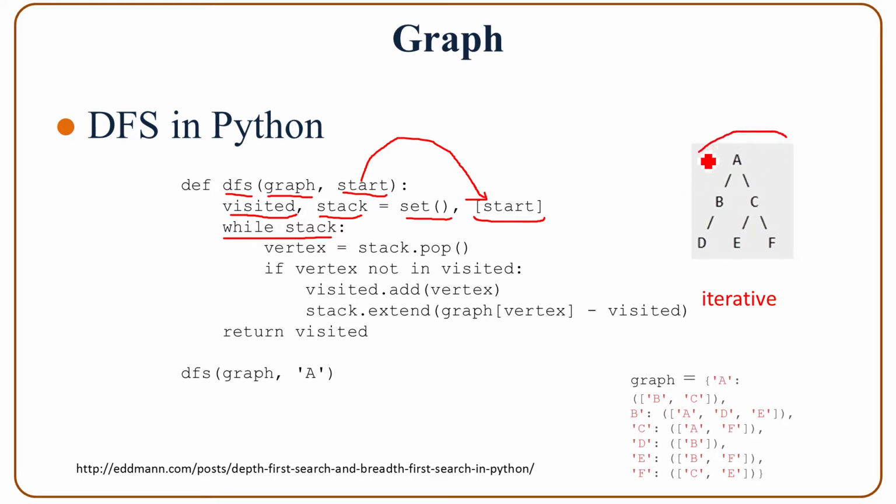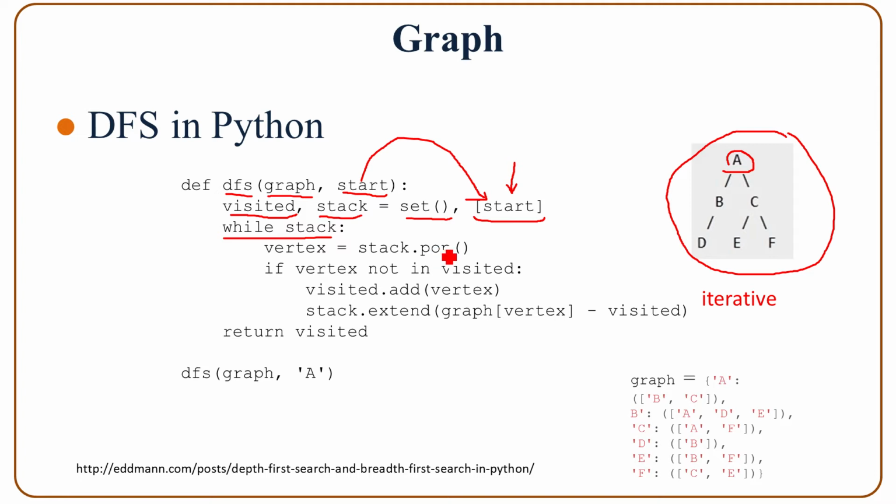So given, let's say, this graph, if you start with A, then A is put in the stack first. And then in the loop, you pop it out.